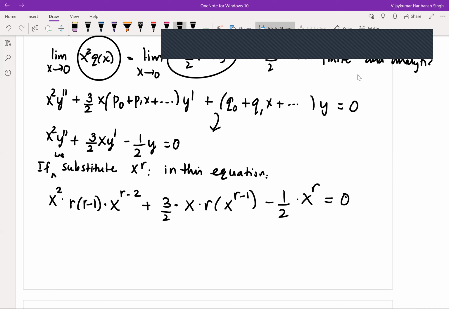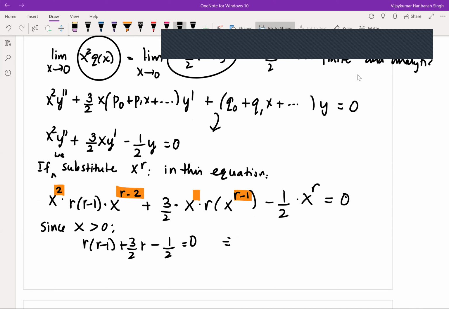Now, if we take x greater than 0, we take x to the r out, and this will combine to give you x to the r. So if we take x to the r out and divide it throughout, since x is greater than 0, we have r into r minus 1 plus 3 by 2 r minus half equals to 0.